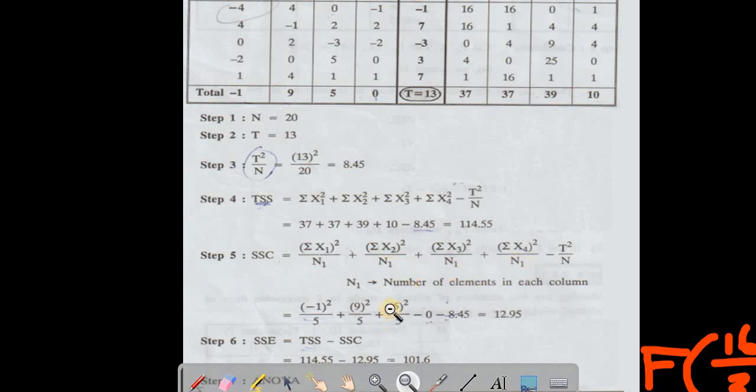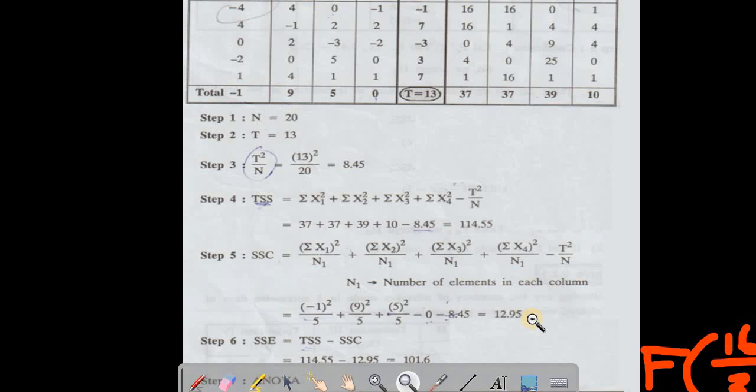The next summation is 5, so 5 squared divided by 5 elements, and the last one is 0 squared divided by 5, which is 0, minus T squared by N. T squared by N is how much? 8.45, that you are writing here. The answer is 12.95. Therefore SSC is 12.95.